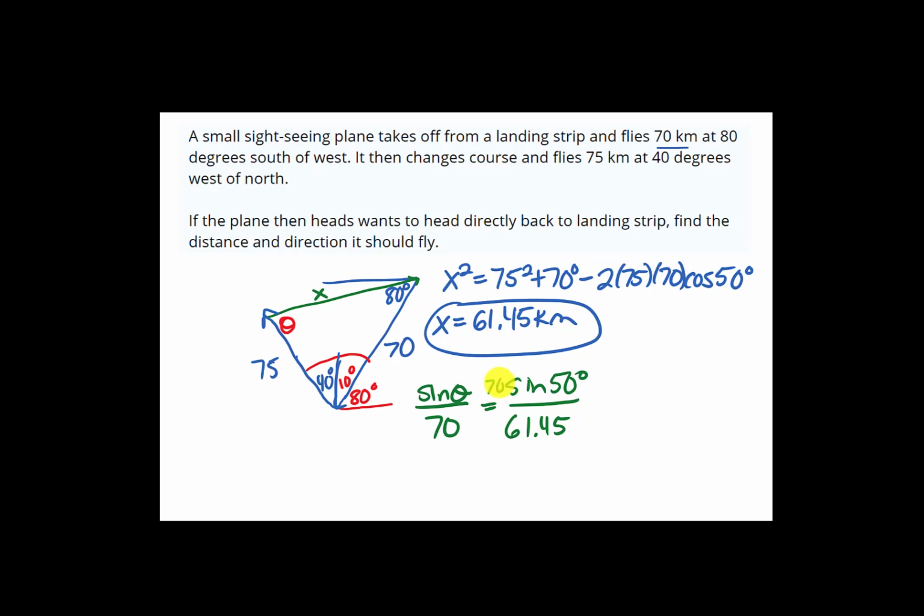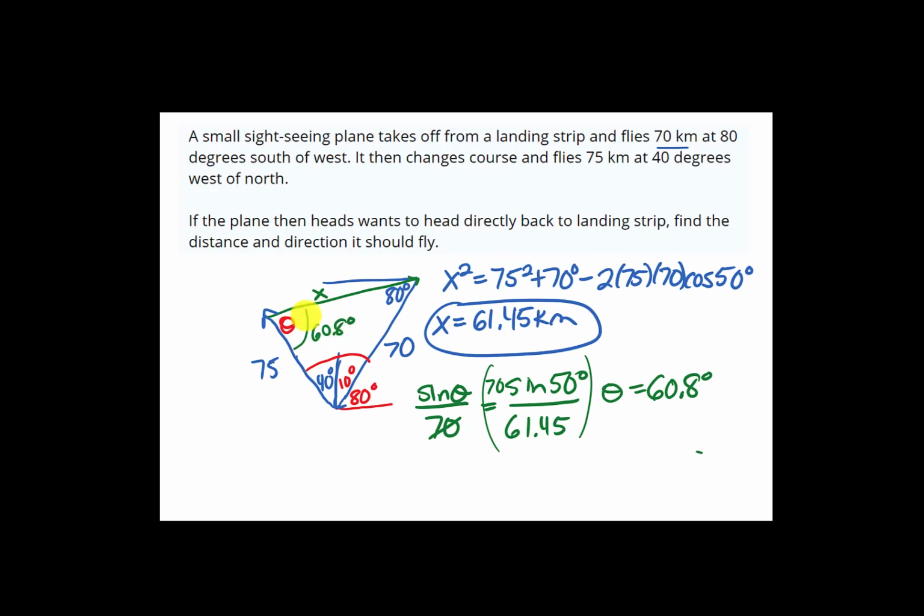So we could multiply the 70 over there, and then theta is going to be the inverse sine of this quantity. So let's put that in the calculator. And that looks like that's 60.8 degrees. So this whole angle is 60.8 degrees.